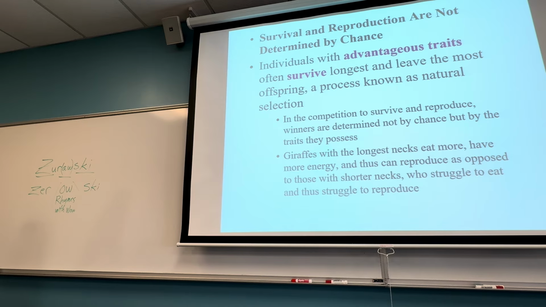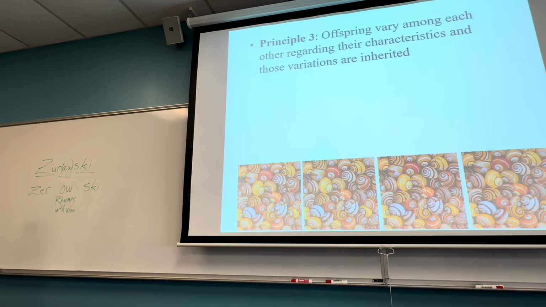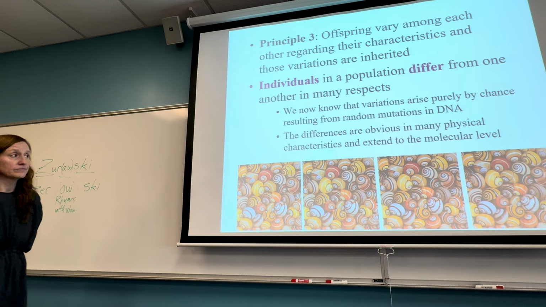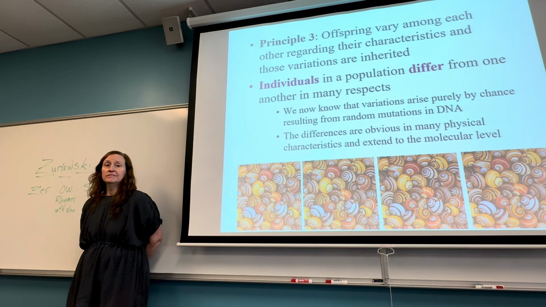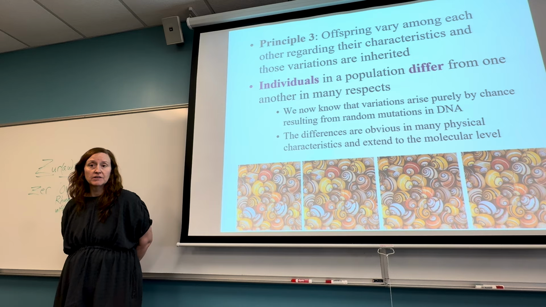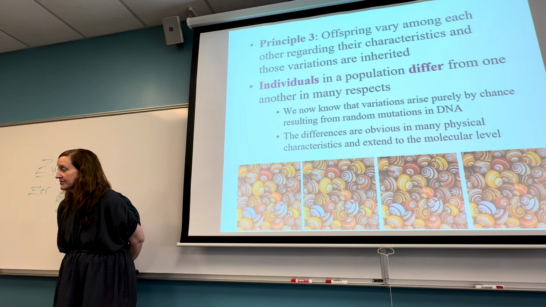And the third postulate or principle is there is variation amongst members of a population. Variation is based in our genetics. The more variation in a population, often the better.